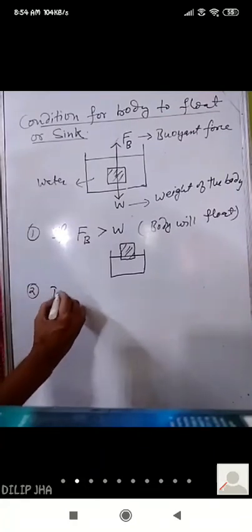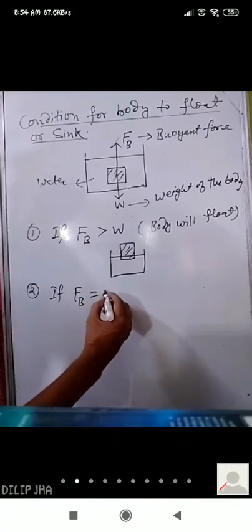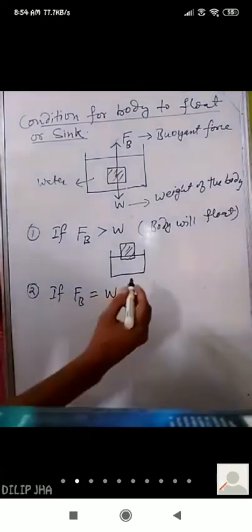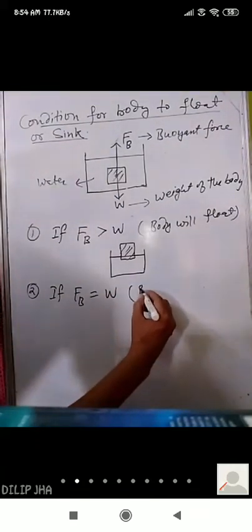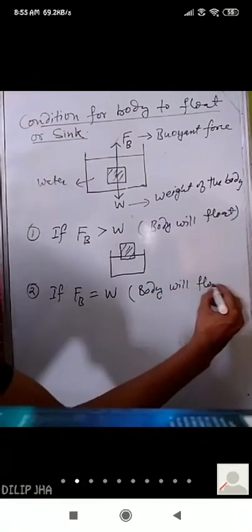The second is, if upthrust is equal to the weight of the body, in this case also the body will float. In both the greater and equal cases, it will float.